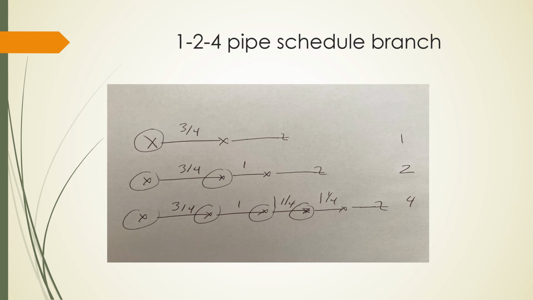If we go to the two, it says that two pipes, and I have them two sprinkler heads, and I have them encircled, are being provided by a 1-inch line. And then finally, four, indicating that four heads, 1, 2, 3, 4, are being fed by a 1.25 inch line. 1-2-4 system, like I say, it's uncommon to see installations in the 1896 to 1900. I think it'd be pretty interesting to do an internal examination as to what they looked like.